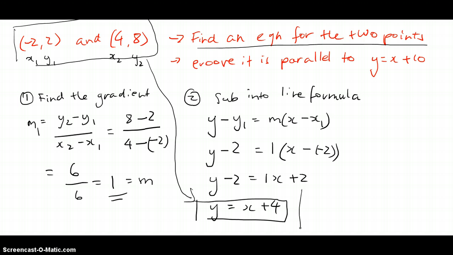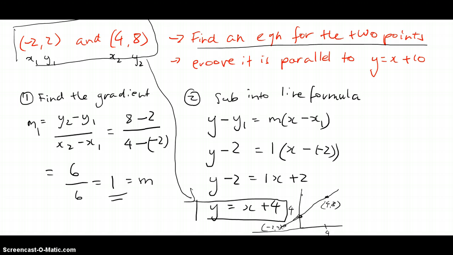So this equation will look something roughly like this, where it starts at 4, okay, and it hits, let's just say, for example, here, that this will be minus 2, 2, and this will be 1, 2, 3, 4, so this will be 4, 8.